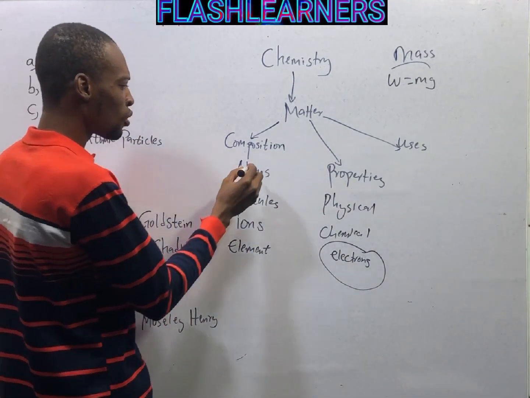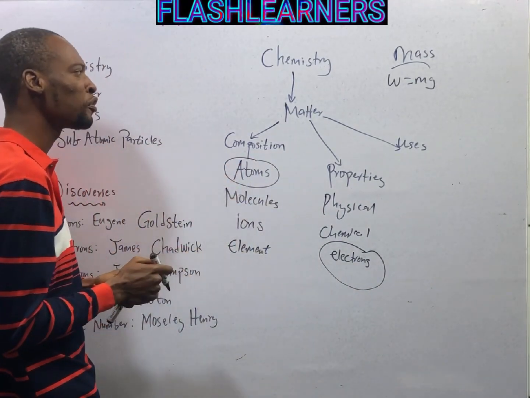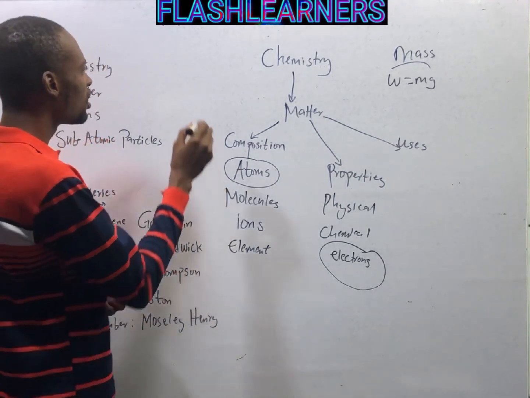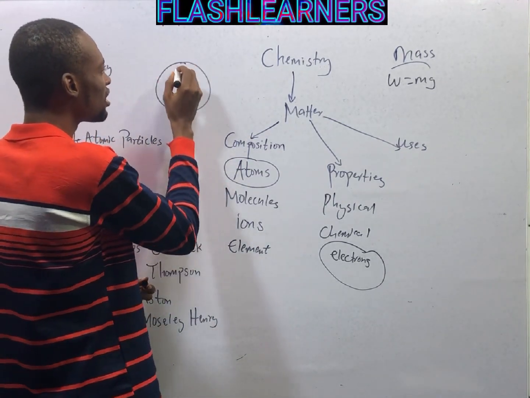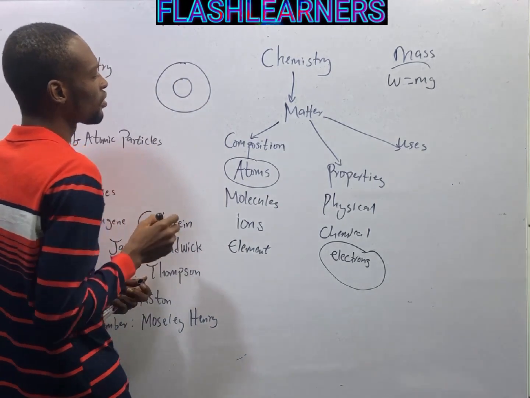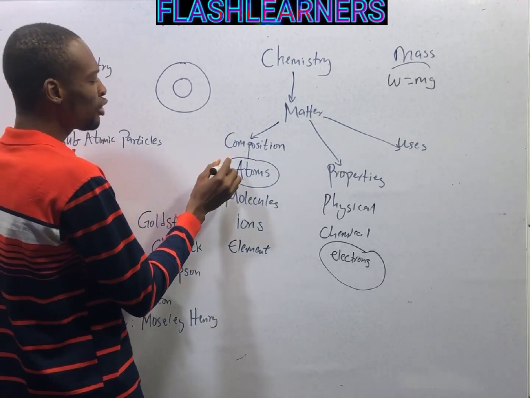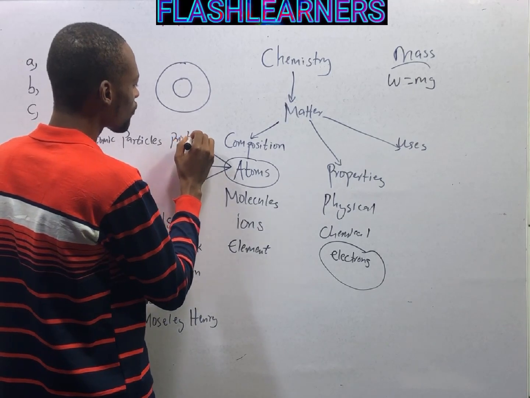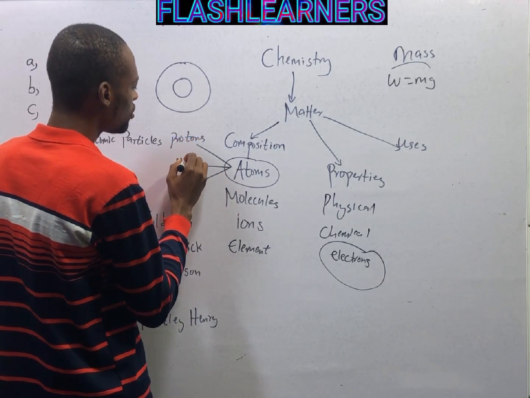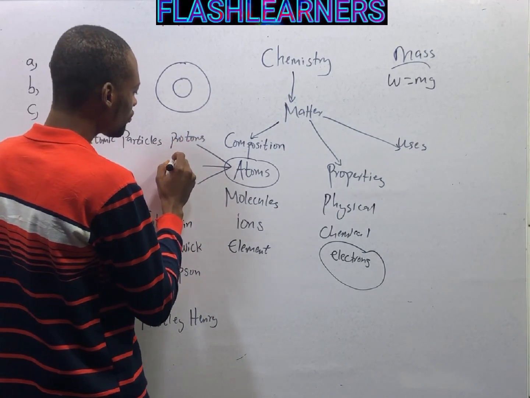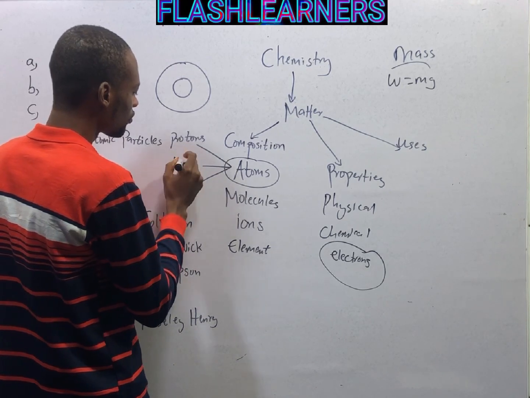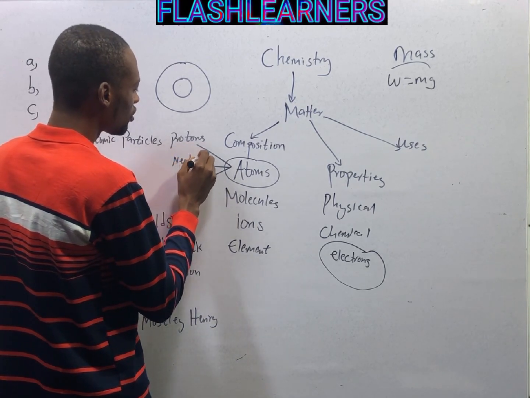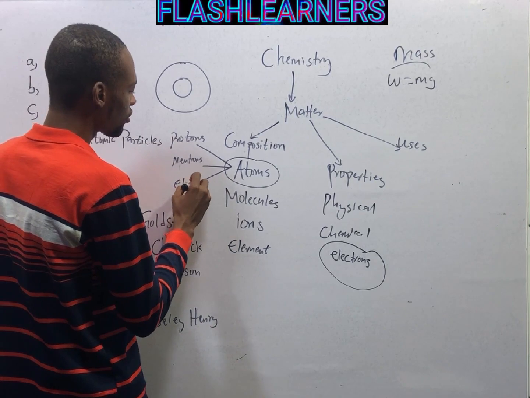Looking at these atoms, they have subatomic particles. If we take this to be the atom, this is inside the atom. These atoms are made up of protons, neutrons, and electrons.